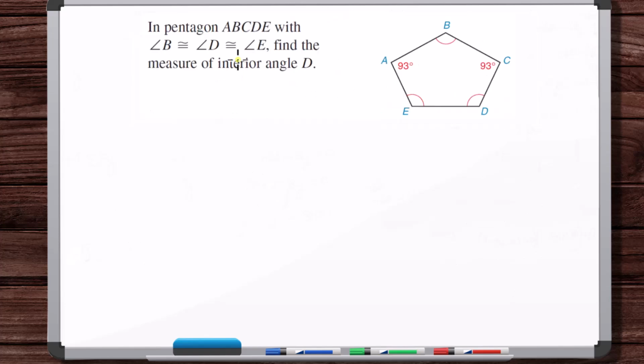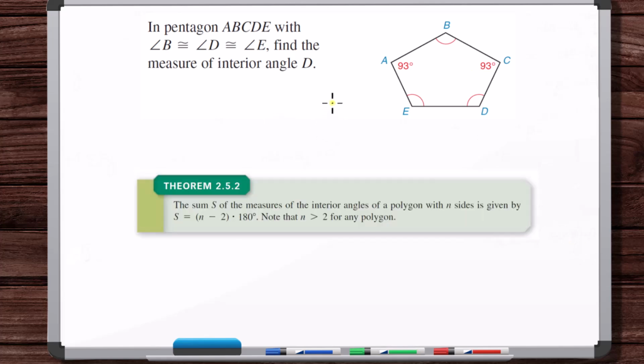There we go. Okay, in pentagon ABCDE, with angles B, D, and E all being congruent to each other, so their measures are the same, find the measure of interior angle D. So B, D, and E are all congruent, but not necessarily A and C. So, okay, we can start with the sum of the measures of the interior angles.